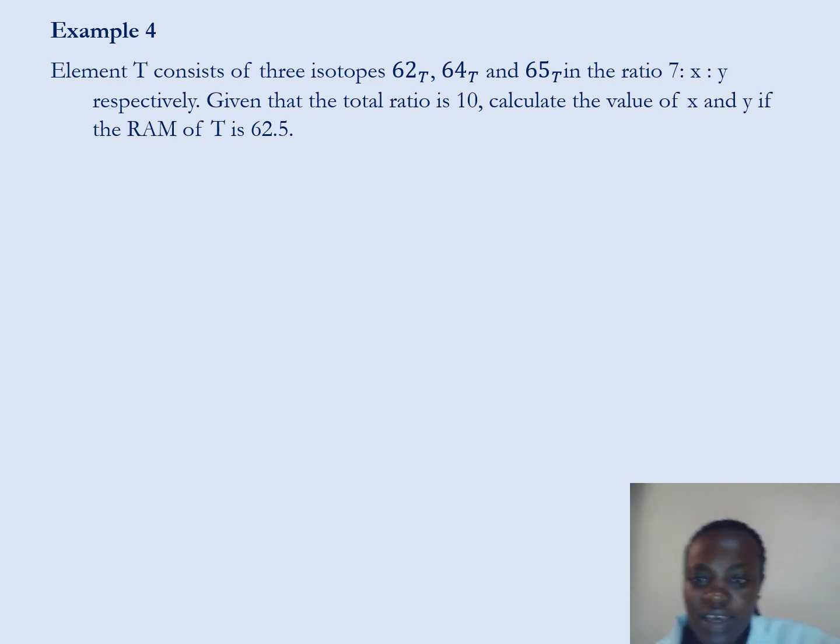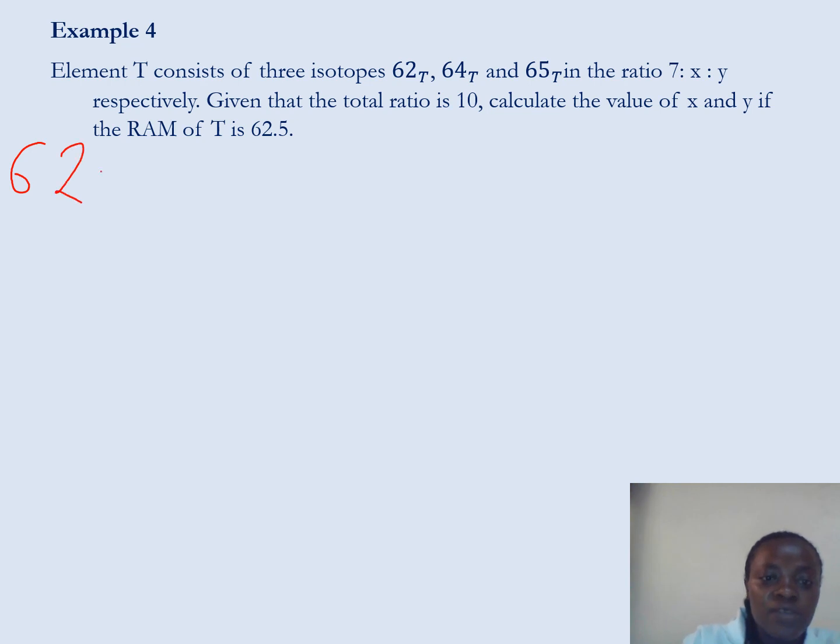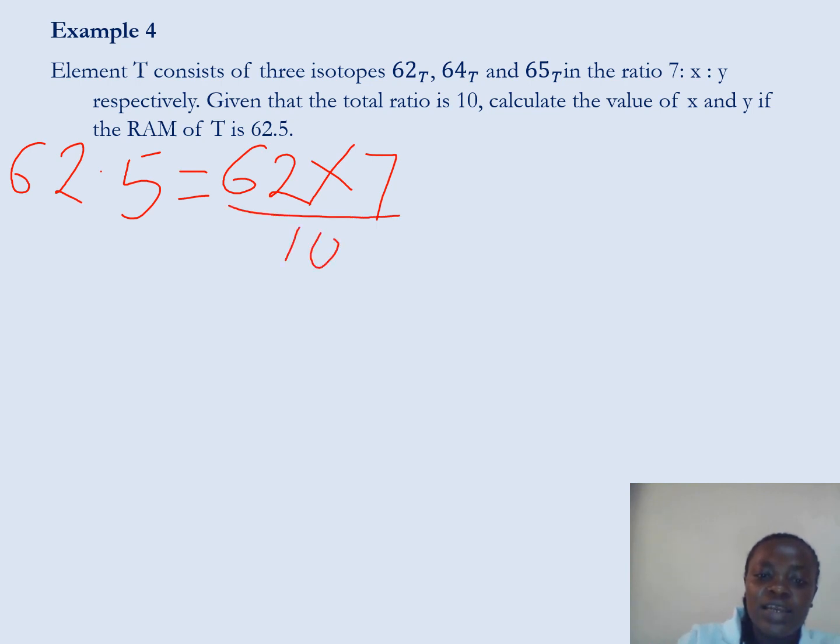Let us calculate the values of x and y using the relative atomic mass. The relative atomic mass is 62.5, which we get from multiplying the mass numbers by the ratios. So we have 62 multiplied by its ratio, 7, over the total ratio, 10, plus the second isotope with mass number 64.